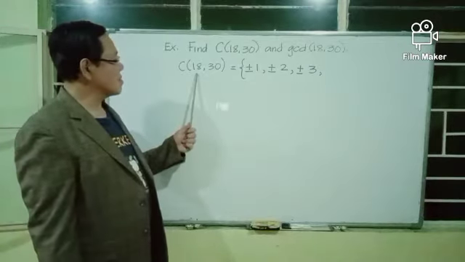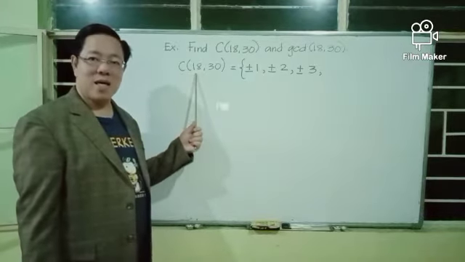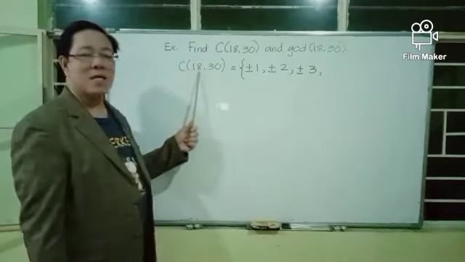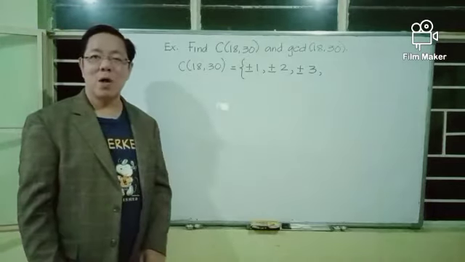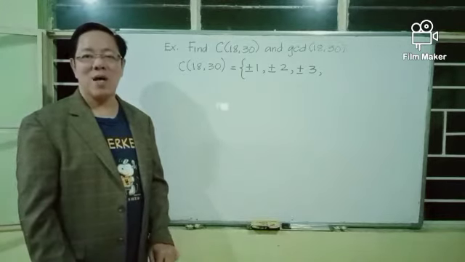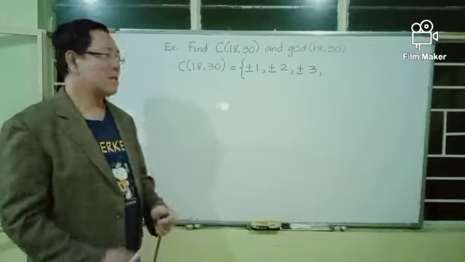Now, 6 can divide 18 as well as 30, and negative 6 can divide both 18 and 30 with zero remainder. Therefore, plus and minus 6 are common divisors of 18 and 30.